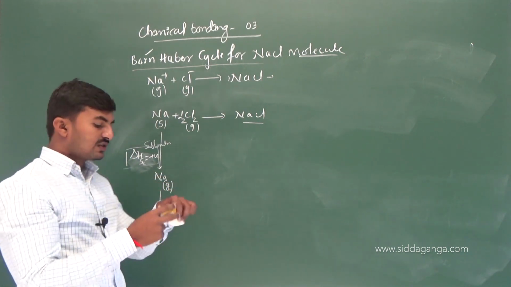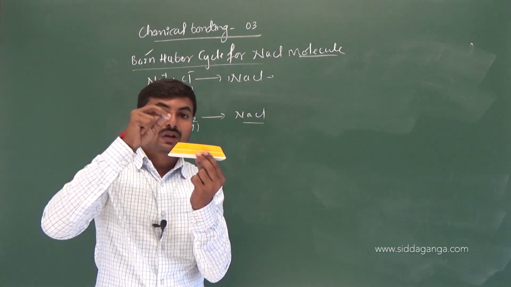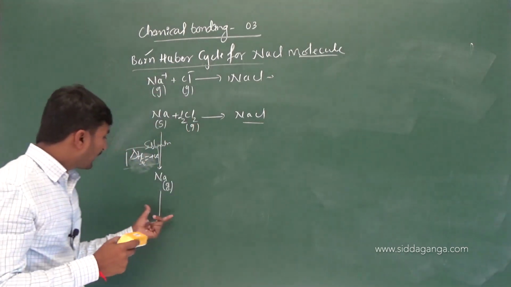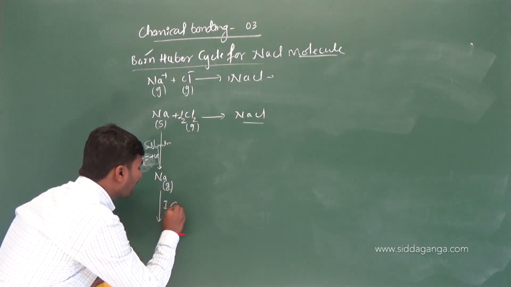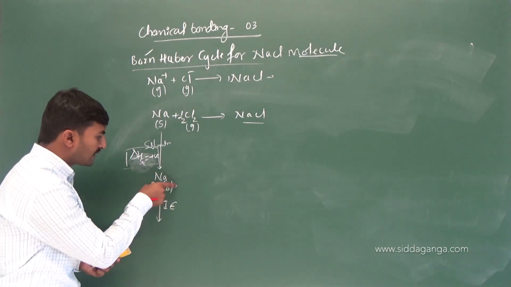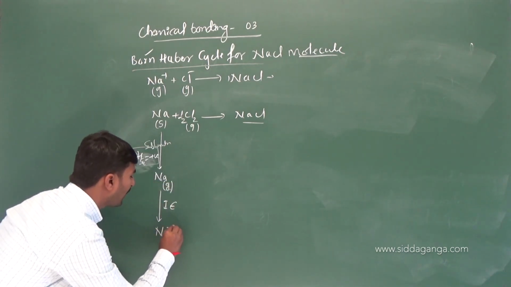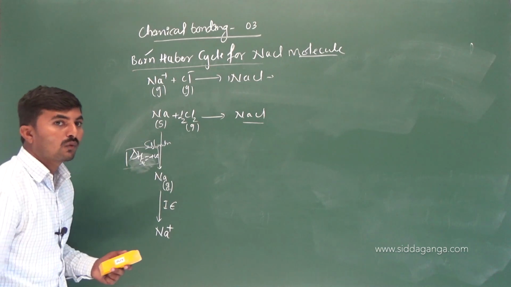To remove an electron from a gaseous atom, we have to apply some amount of energy. That energy is nothing but ionization energy, where the sodium atom is converted into a sodium ion after the loss of one electron.